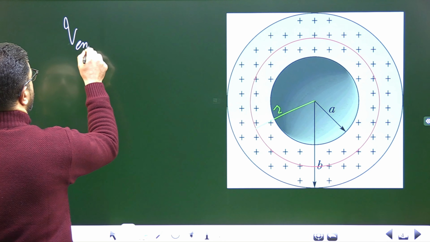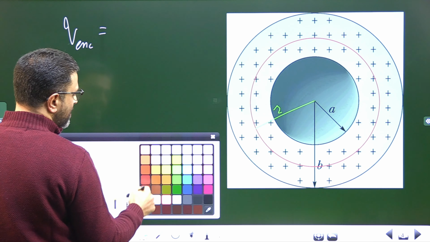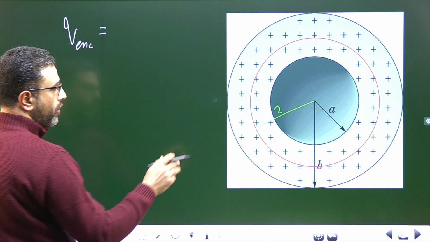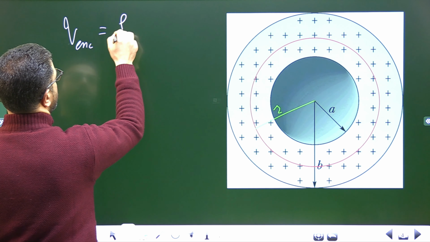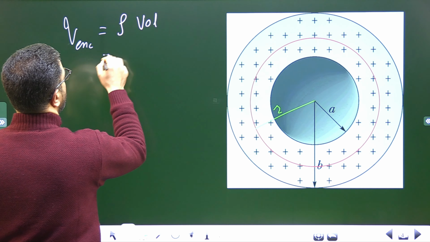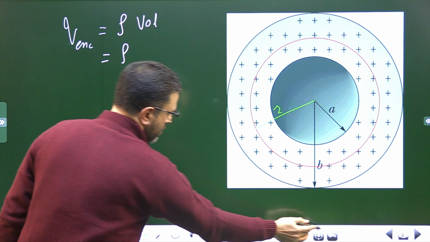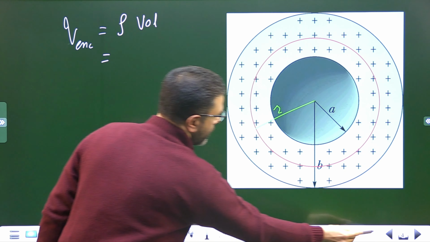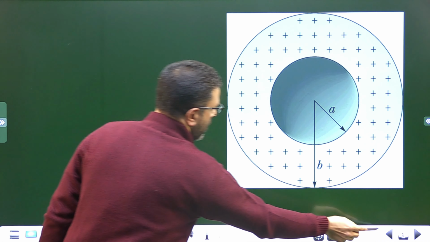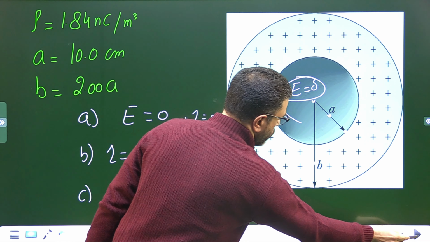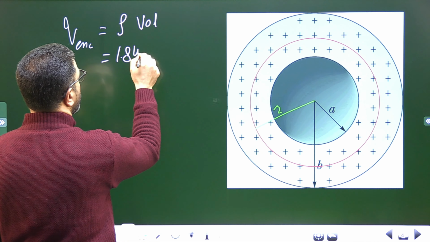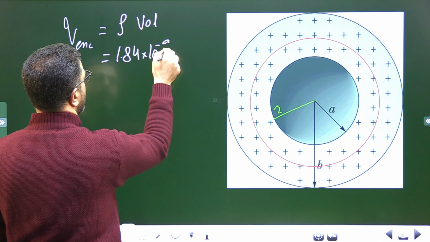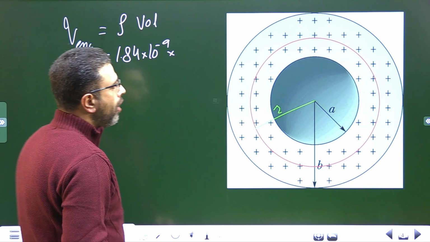Charge enclosed, since charge density is uniform, is simply going to be charge density into volume. Charge density rho, which is given to us, we have that 1.84 nanocoulomb, that is 10 to the power minus 9 coulomb per meter cube, into volume.